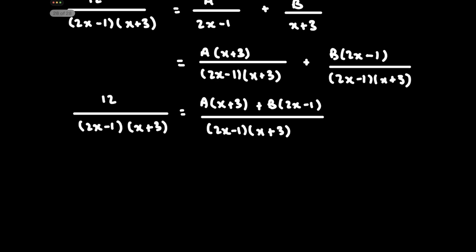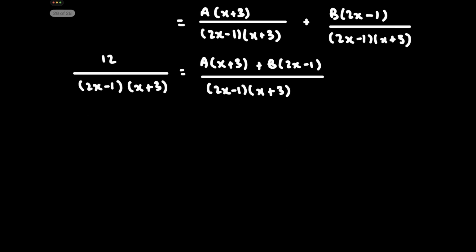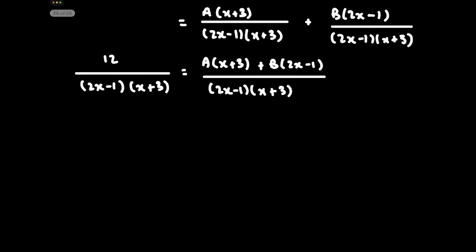Okay, so now that we have this here, we can say that because the denominators are equal to each other, the numerators must also be equal to each other. So that means 12 is simply equal to a times x plus 3 plus b times 2x take 1.